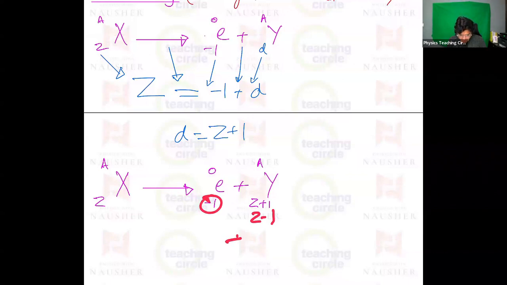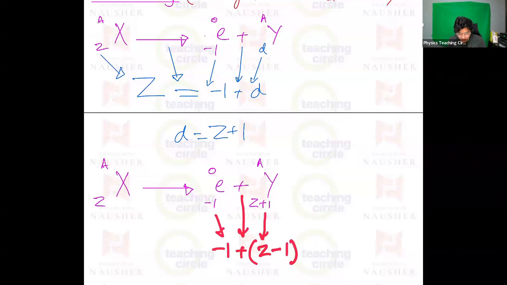This is going to give you -1 plus, if somebody writes Z -1, will they end up getting Z -2? Yes or no? अगर कोई बंदा गलती से Z -1 लिख देता है, will they end up getting Z -2 on the right hand side in the denominator?